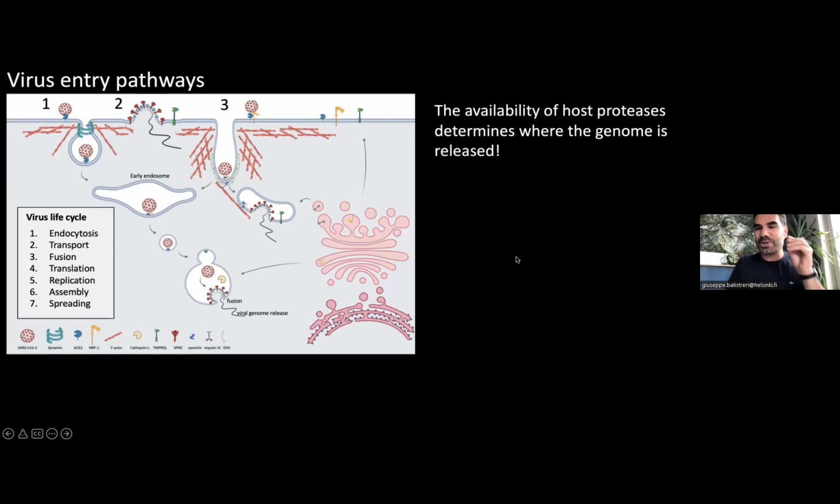This virus cannot infect you if it wasn't for these little proteins of yours that actually cleave the spikes in specific places. And then this changes the conformation of this spike. They perforate your membrane and they inject the genome. Okay. So coronavirus infection is determined by the availability of host proteases.